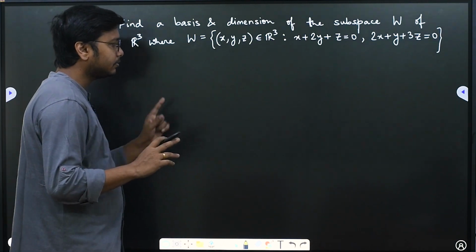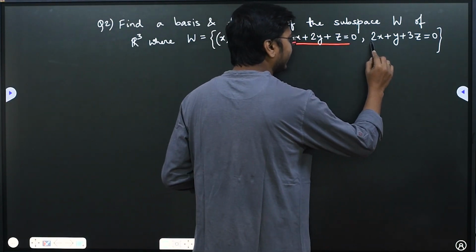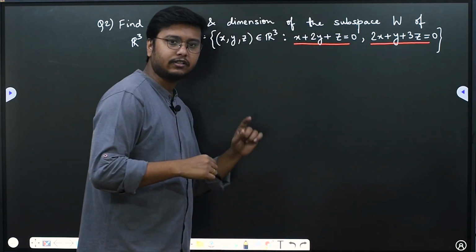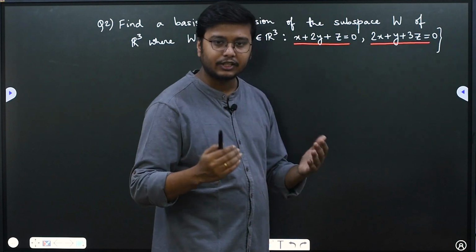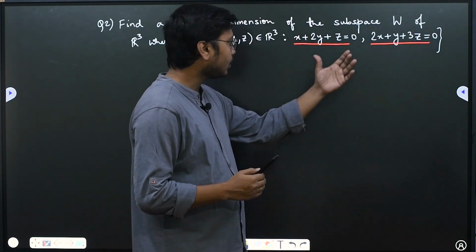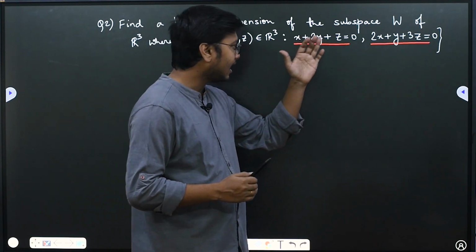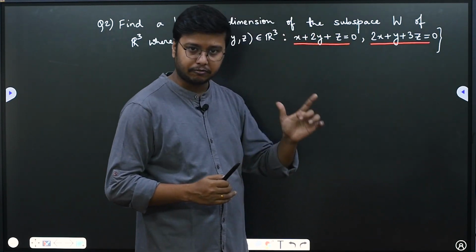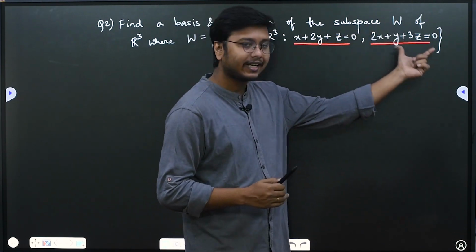Here the difference between this question and the previous one is we have two conditions. In the previous question we had only one condition. Now whenever more than one condition is given to you, look at the conditions and try to understand whether both the equations are different, or if I multiply any constant with the first equation, will I get the second one?